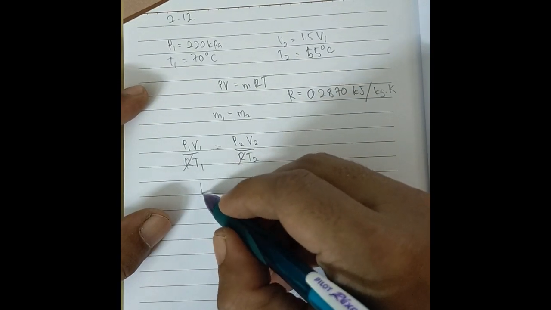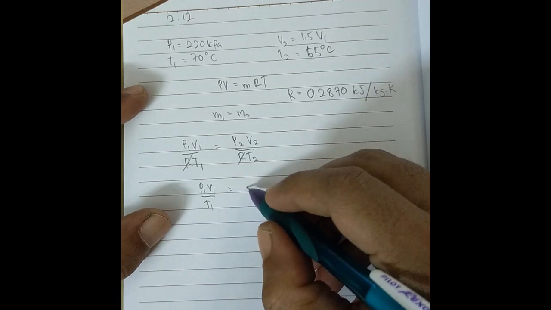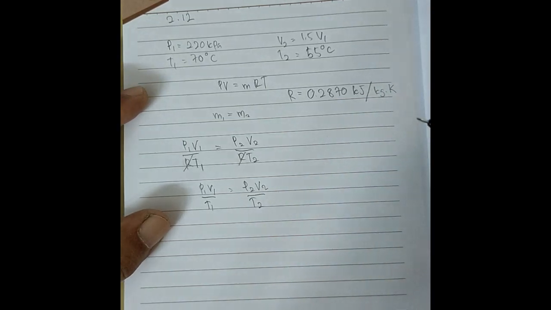So only P1 V1 over T1 equals P2 V2 over T2.